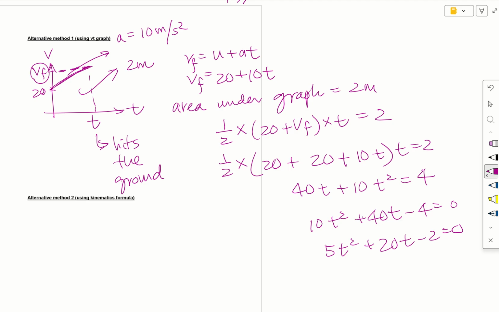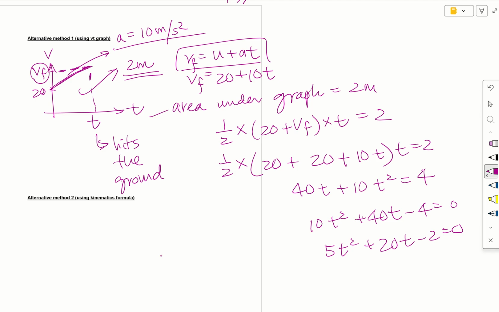Okay, so we know that the area underneath the graph is the distance traveled, which equals 2 meters, and we know that the gradient of this v-t graph is 10 meters per second squared, right? Because that's the acceleration of the object. Having drawn your v-t graph, we can use vf equals u plus at, because there is a certain acceleration, so it's equals to 20 plus 10t.